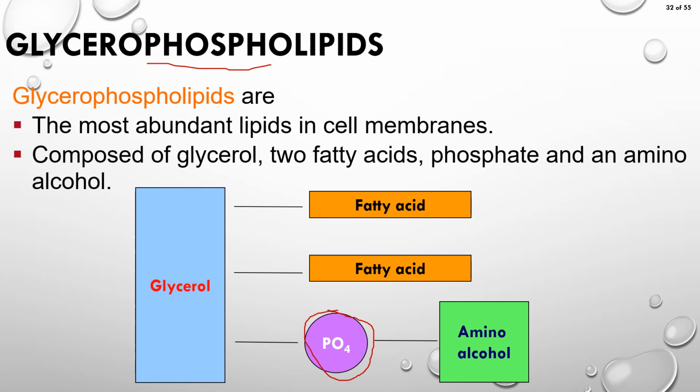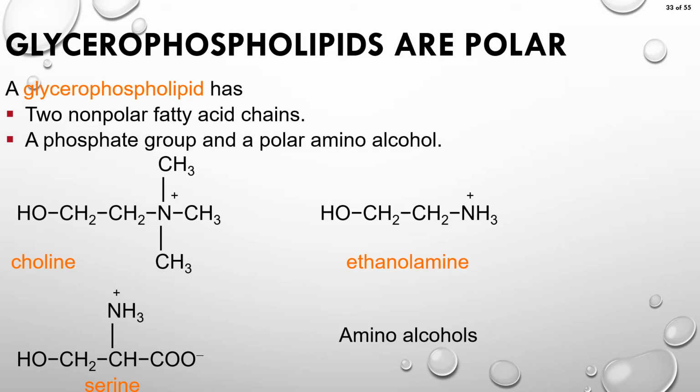Glycerophospholipids are very similar to the lipids that we referred to before with the glycerol and 3 fatty acids. But in glycerophospholipids, we have phosphate and amino alcohol instead, and only 2 fatty acids. Glycerophospholipids are polar because of the positive charge of the amino group.